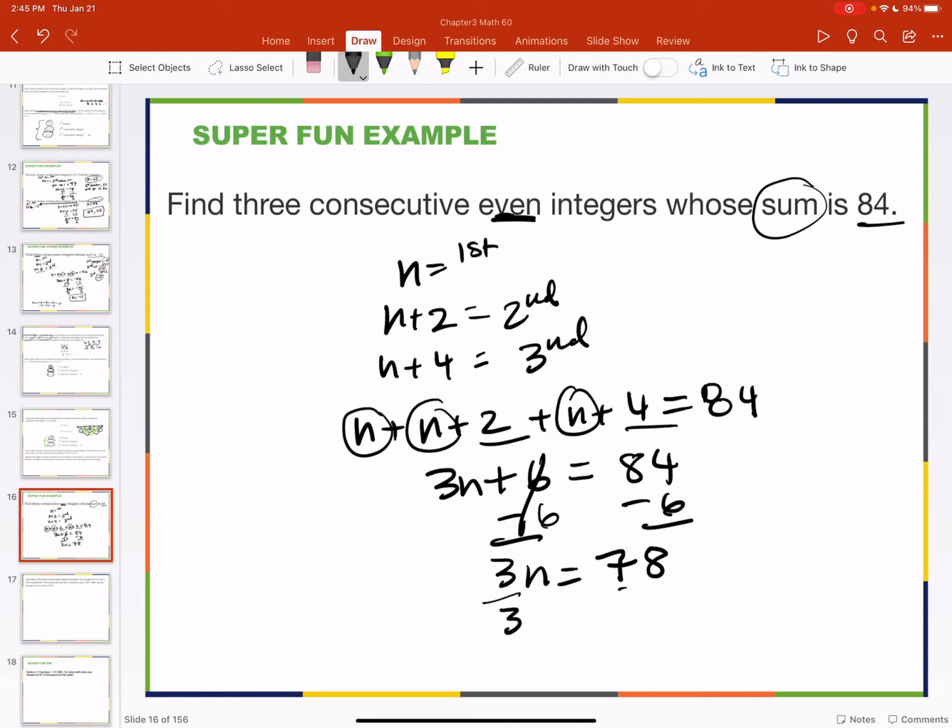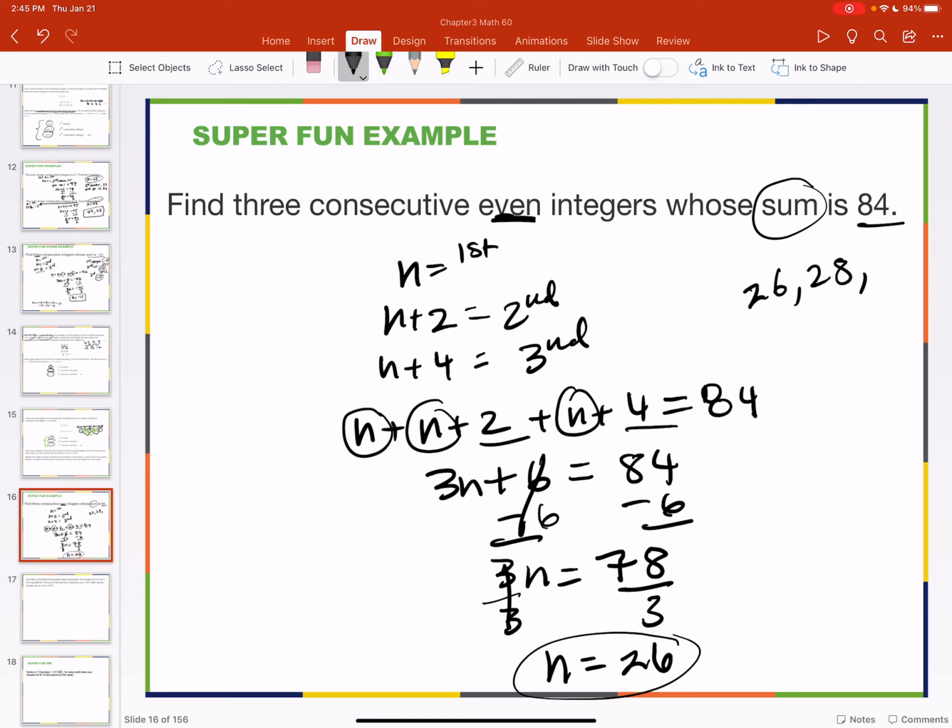Then divide by 3, and n is equal to 26. So that's the first consecutive even integer. The next one is 2 more, so the next even number is 28, and the third one is 30. Okay? So that's that one.